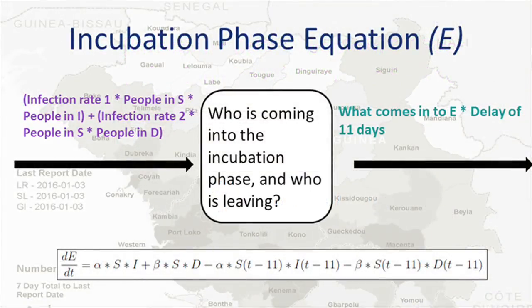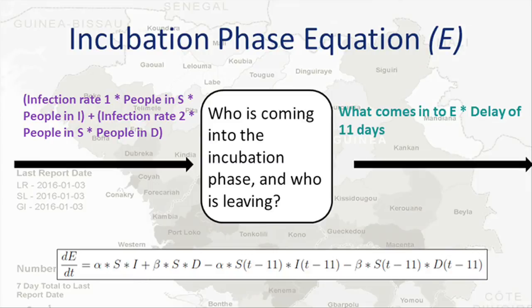And then for our incubation equation, we want to think about who's coming into the incubation period and who's coming out. So the people that are coming in are the people from the susceptible equation, right? The people who got the virus and now they're waiting in the incubation period to start showing symptoms. So this is exactly what was in our first equation coming out.